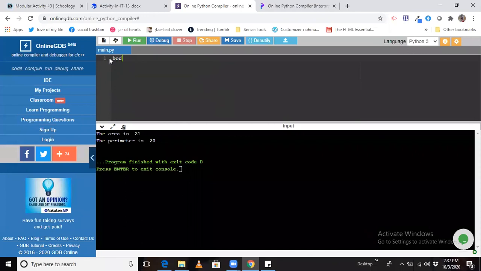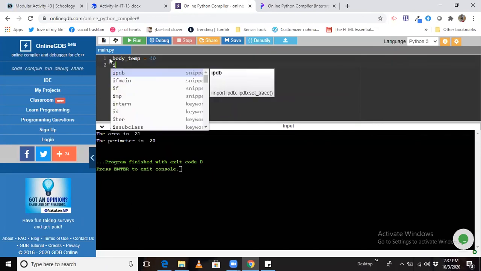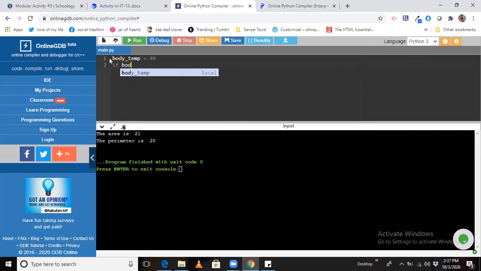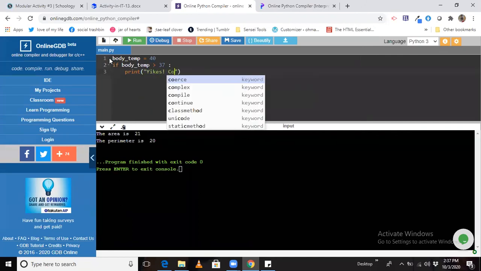Body temp is equals to 40 if body temp is greater than 37. Ano print niya? Print yikes, COVID.